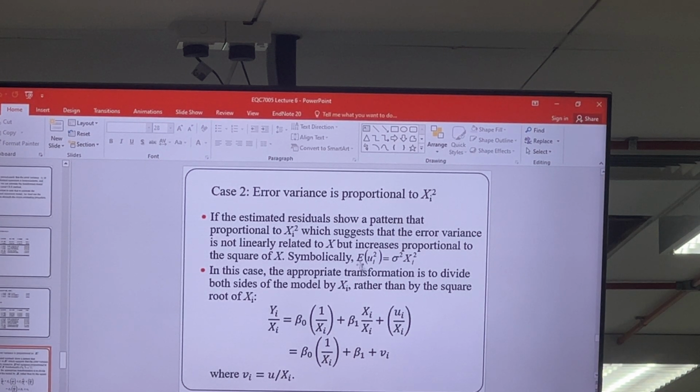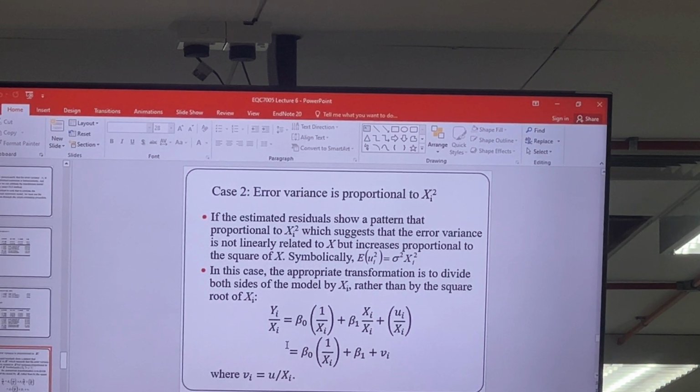Symbolically, the variance of u, the error variance, equals sigma squared xi squared, not x but xi squared, the square of x. So in this case, the appropriate transformation is to divide both sides of the model by xi rather than the square root of x. So divide by x, not square root of x.